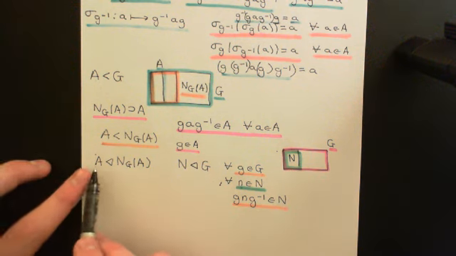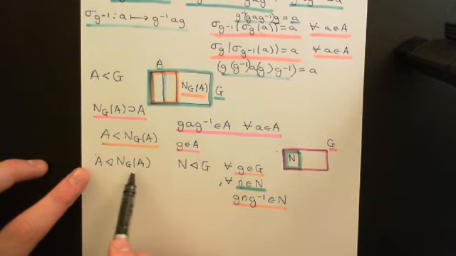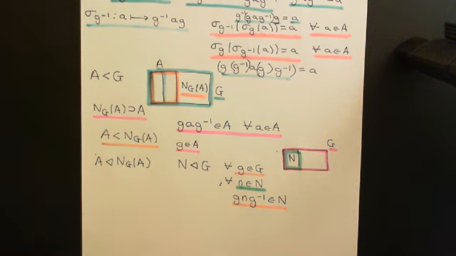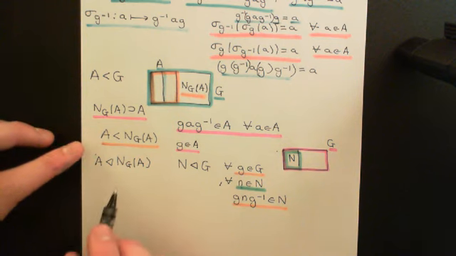So why is this capital A, which is a subgroup of the normalizer of A in G, actually a normal subgroup? Well, what do we know?